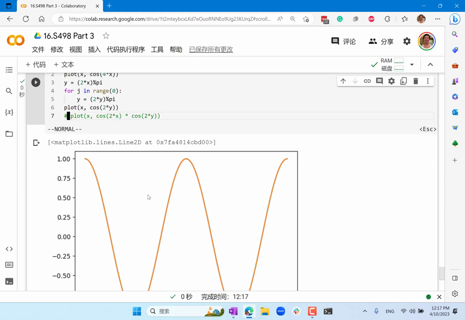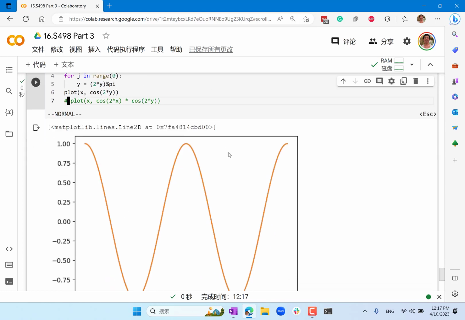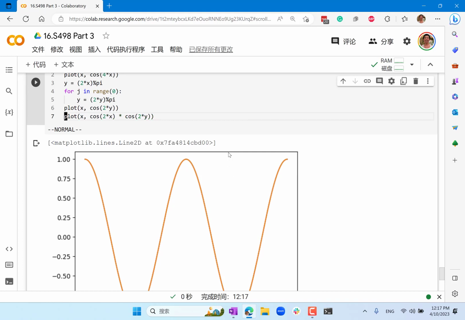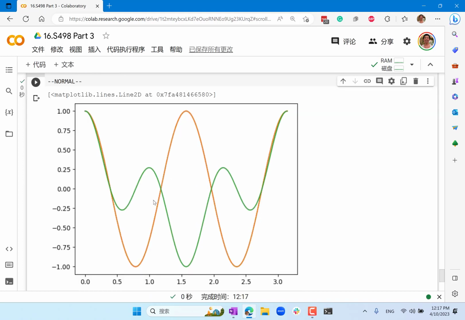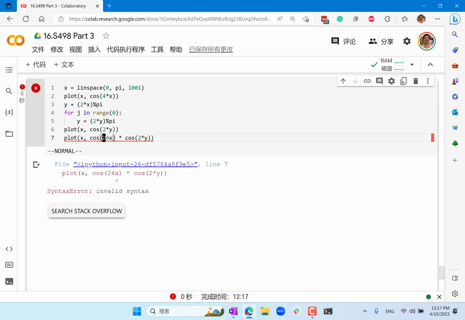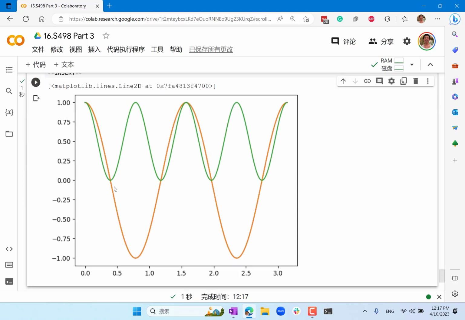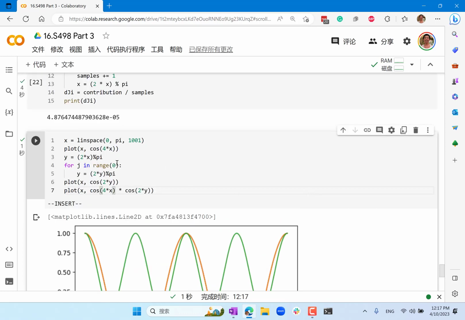What you see is that the two functions, the cosine of 4x and the cosine of 2y, are actually exactly the same. Sorry, if you take the product of 4x and 2y, you are getting a strictly positive function. So that has a finite contribution.